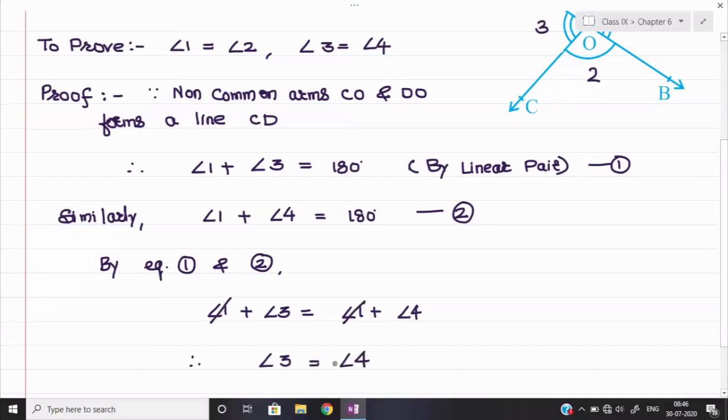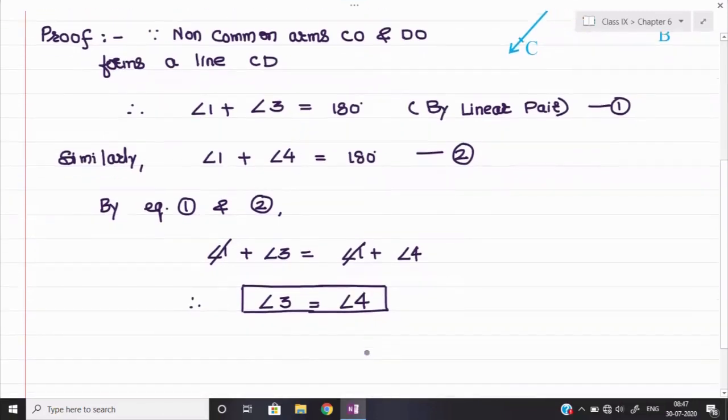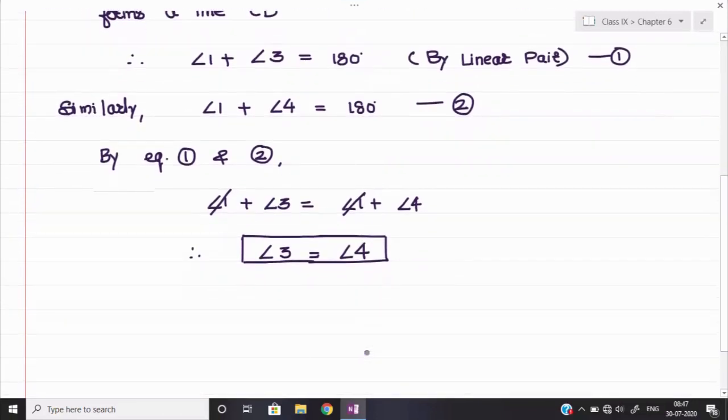And see the to prove section. This is one of the parts which was required to be proved equal. So see, in the second equation I have taken angle 1 plus angle 4. If you take angle 2 plus angle 3, you will get angle 1 and angle 2 are equal. So now the second part we shall write down as I have told you earlier.